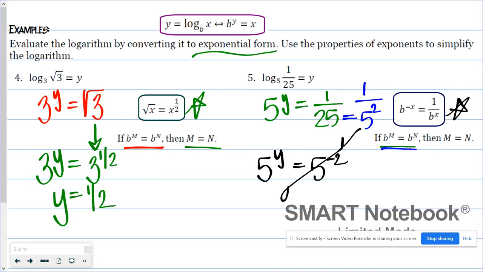And therefore y is equal to -2. We want to get the bases to be the same so we can say the exponents are equal. We had to see 1 over 25 and realize this is the same as 1 over 5 squared, and 1 over 5 squared is 5 to the -2nd power.